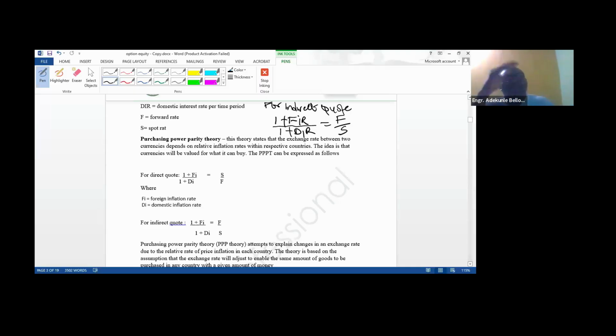According to this theory, the differences in exchange rates between two country currencies occur as a result of differences in inflation rates between the two countries.